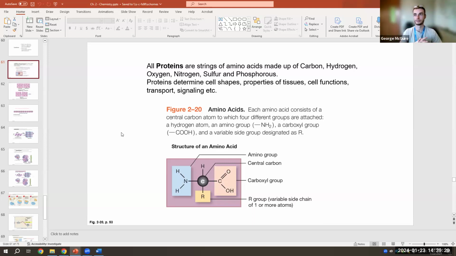Some have both or can interact with other polar molecules on both edges. But in general, the structure of an amino acid that you'd be asked to recognize is this. So look for a centralized carbon with 4 branches coming off of it. Look for a nitrogen on one side and a carbon double bonded to an oxygen on the other. I guess whatever you use to recognize a carboxyl group is fine, but I typically look for the nitrogen and the 4 branches to know that I'm looking at an amino acid.